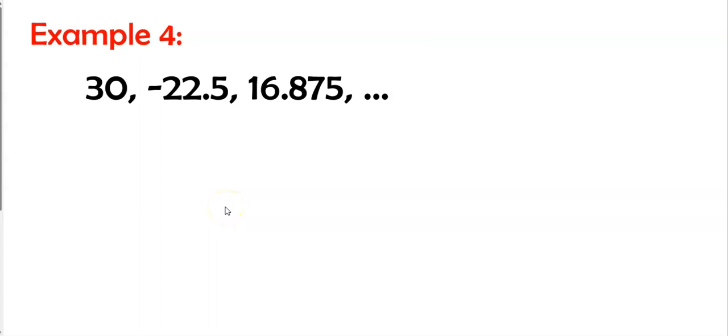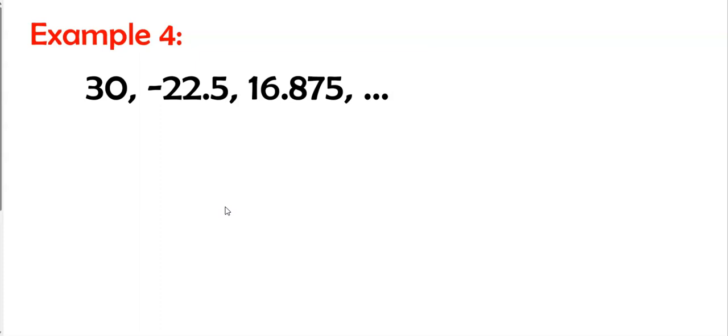This one looks a little bit more complicated. We have 30 and then negative 22.5 and then back to positive 16.875. When you're bouncing back and forth between positives and negatives, that's a pretty good indication that it's geometric, that you're multiplying by something. And we're not going to give you anything too crazy hard here when you're trying to write your own recursion equation.